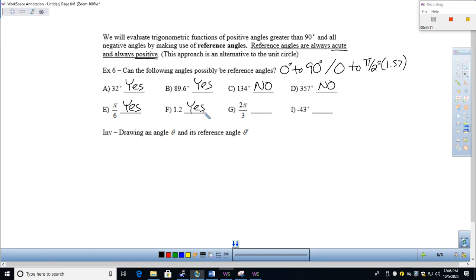So, is 2 pi/3 in between 0 and pi/2? No. And by the way, I see a little typo here. Call that H. And can a reference angle be negative? No, absolutely not. All right. So I think I had a bigger problem set. That's why I guess I erased one and never changed the letter on it. So call that H. All right, perfect.